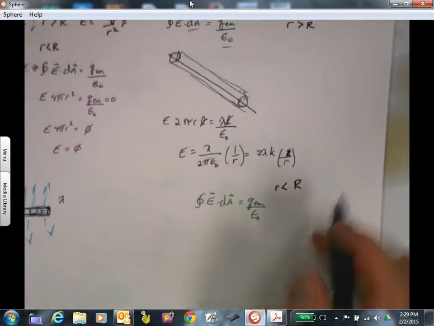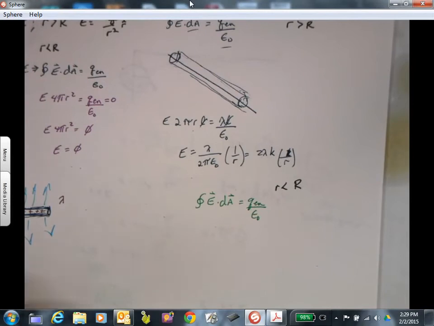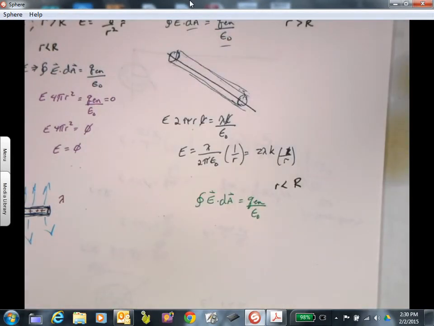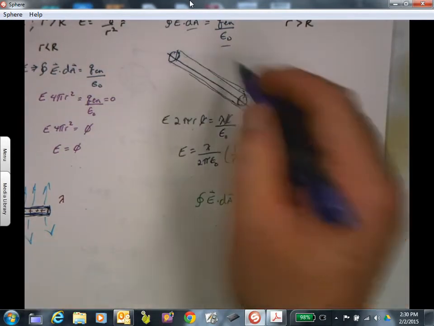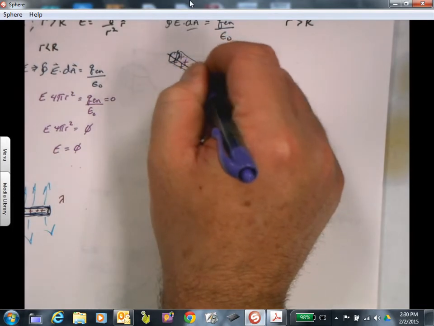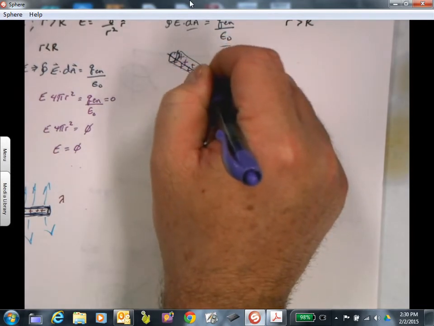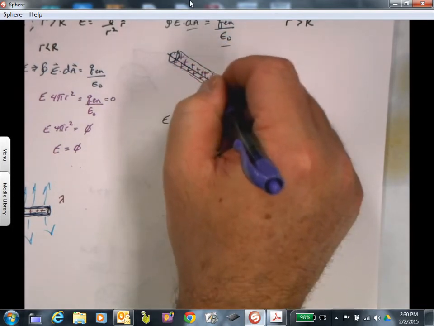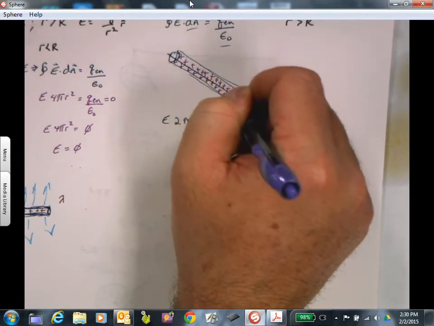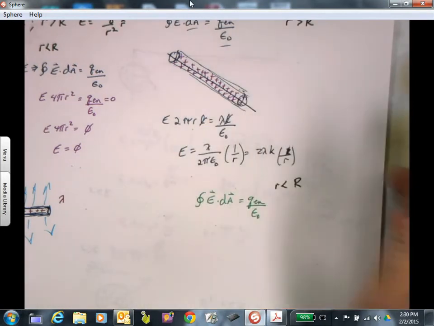But instead of this, I'll alter this one. So instead of this being surrounding, we're going to turn this around right here. This is the line charge. And the positive charge is distributed uniformly throughout this cylinder. It means we are inside of it now. So we have the same stuff.